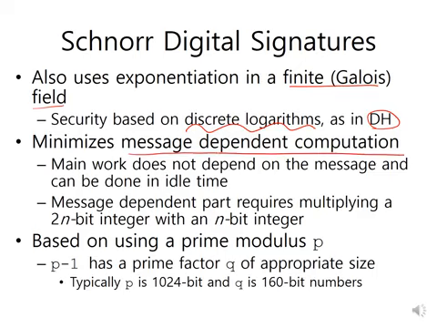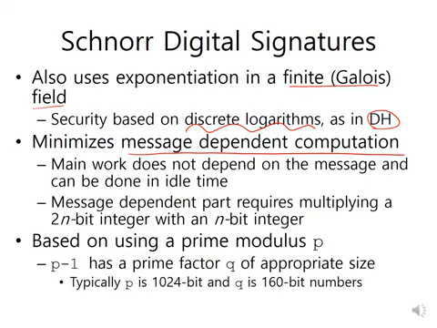One of the advantages of the Schnorr digital signature is that the message-dependent computation can be minimized. It means that the main work does not depend on the message itself, so the main work can be done in the idle time. Because some part is not dependent on the message itself, we can pre-calculate some specific work before the signature generation. So if the message is given, only the later part of the computation is required.